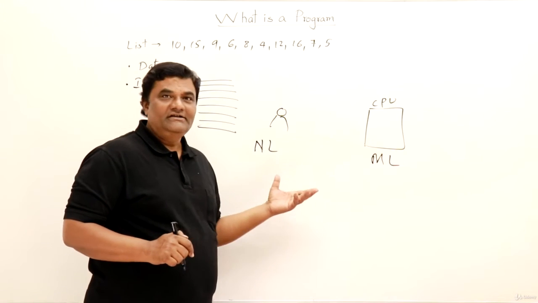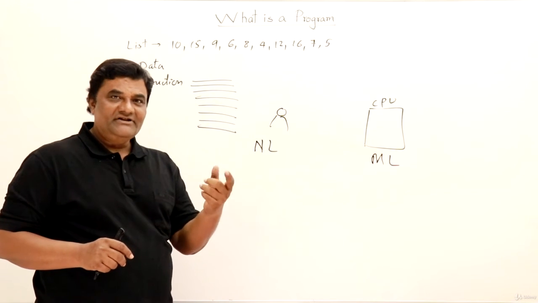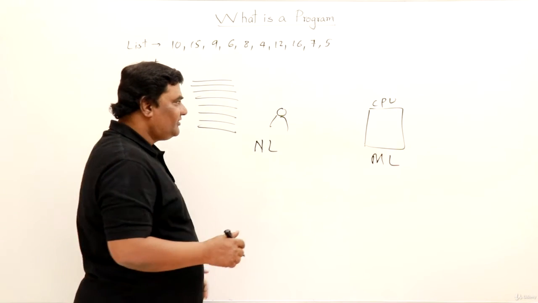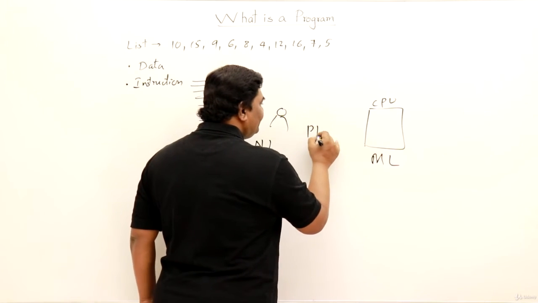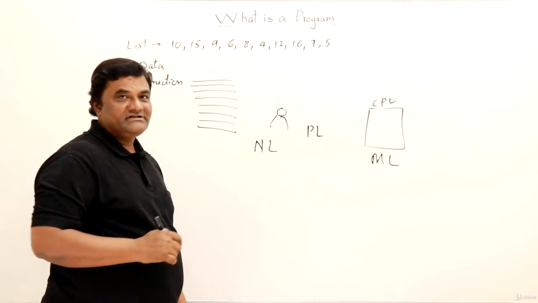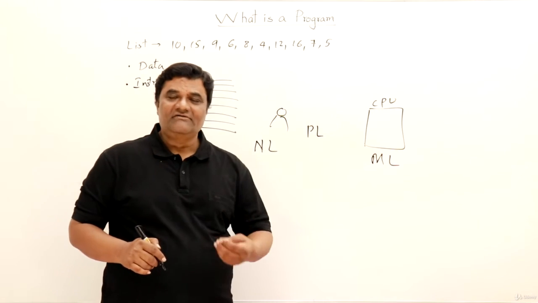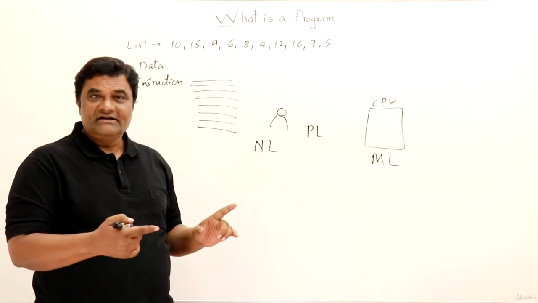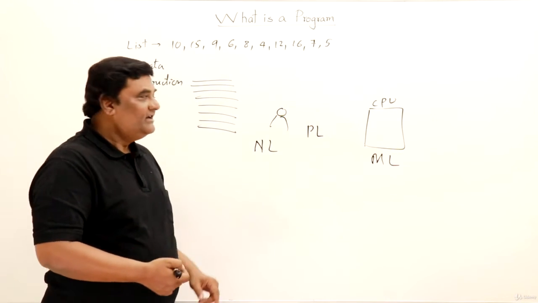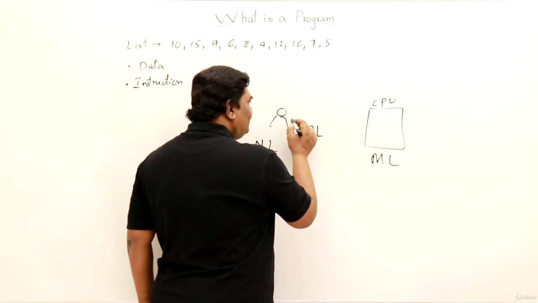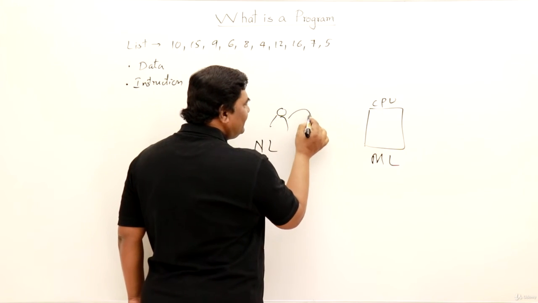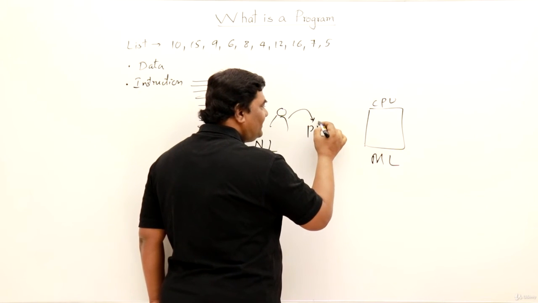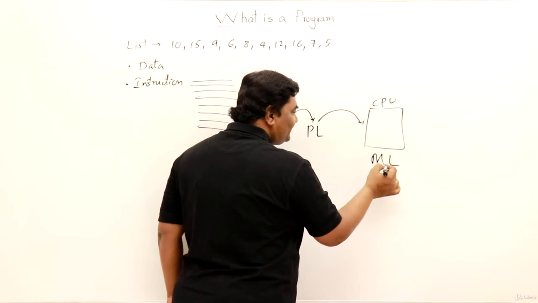Then what do we need now? We need some intermediate language so that it's easy for me also, easy for the machine also. So that's where programming languages come in. The programming languages that we use like C, C++, Java, C#, VB, Python, all these languages come under programming languages. So we learn this language and whatever our procedures are, we transform them into this form, and these languages will help us to transform that procedure into machine language.